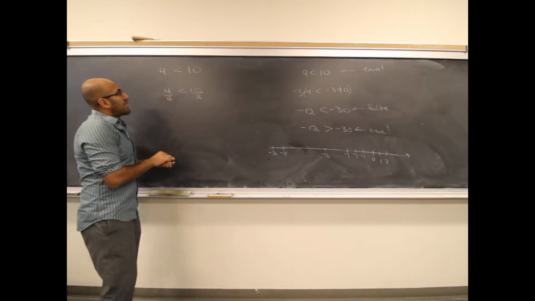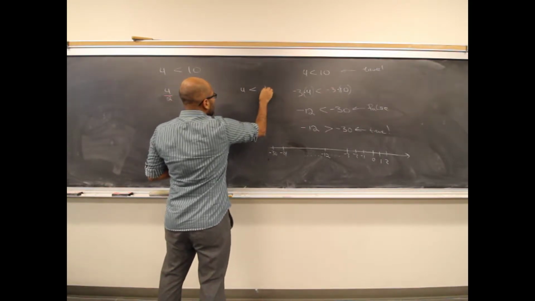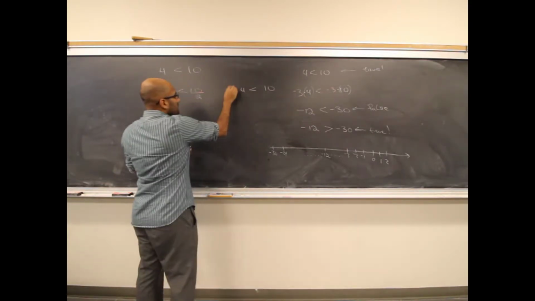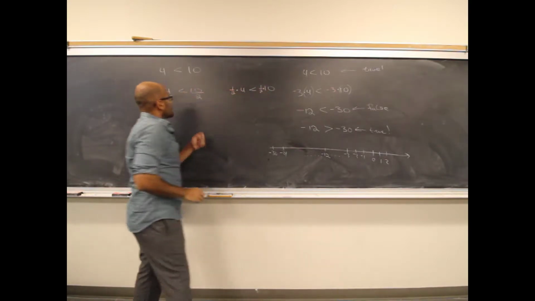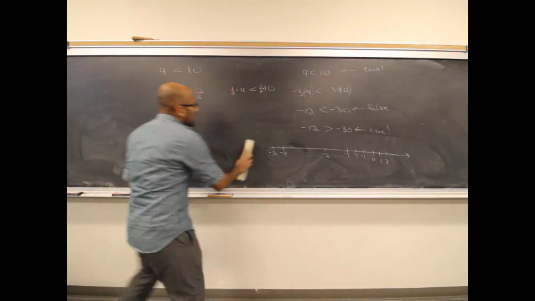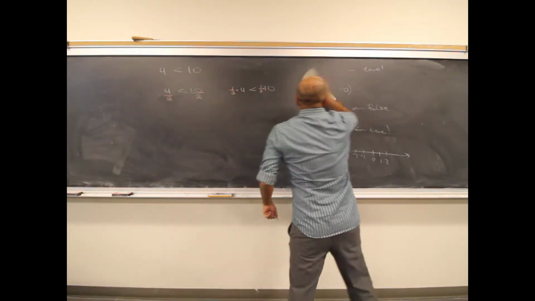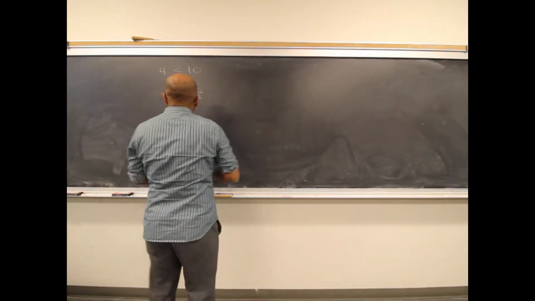Well, dividing both sides by 2 is the exact same thing as multiplying both sides by a half. Dividing by 2, multiplying by a half, they're the exact same thing. So the rule stays the same for both multiplication and division.